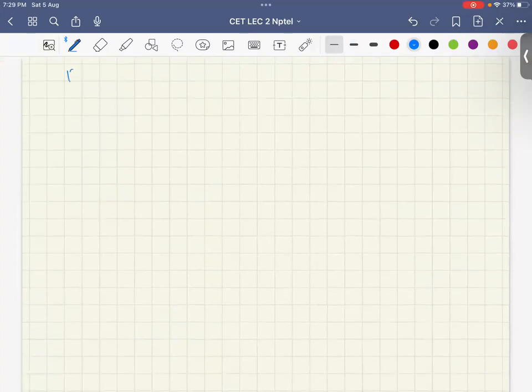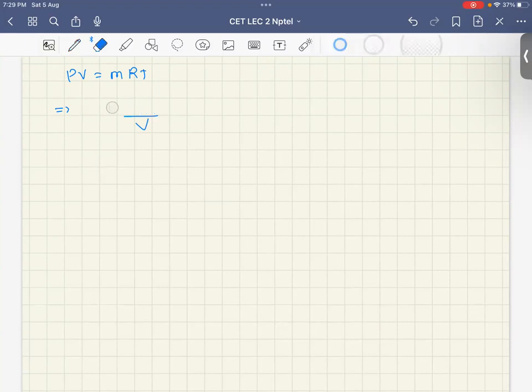So what we get is PV equals mRT. This implies P equals mRT by V. So P1, sorry, we need m. m equals PV by RT.